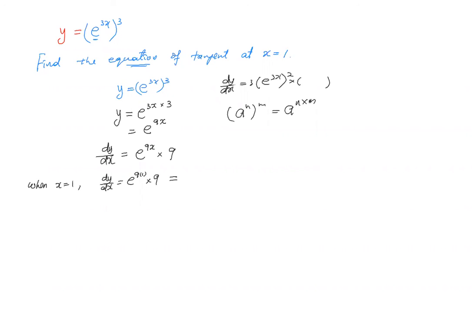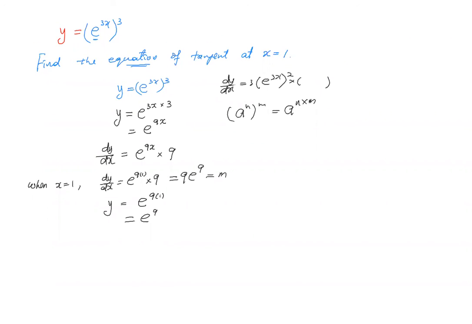So this is 9e to the power 9. So this is the gradient of the tangent. When x equals 1, the y coordinate is e to the power of 9 times 1 also, which is e to the power 9.